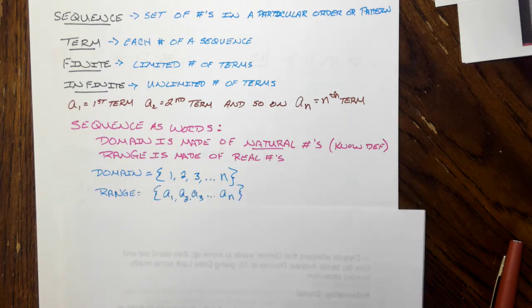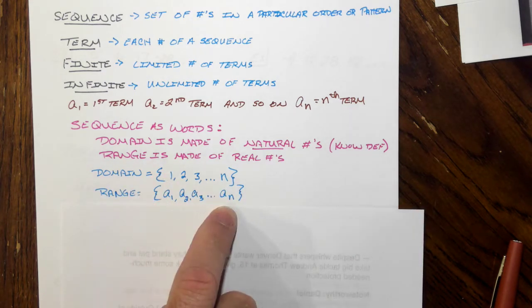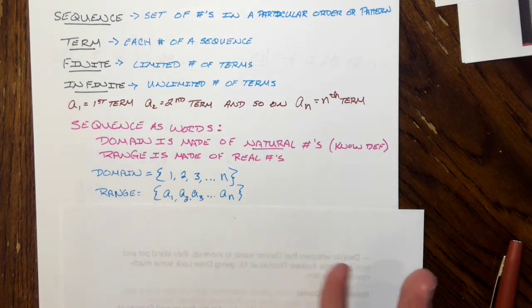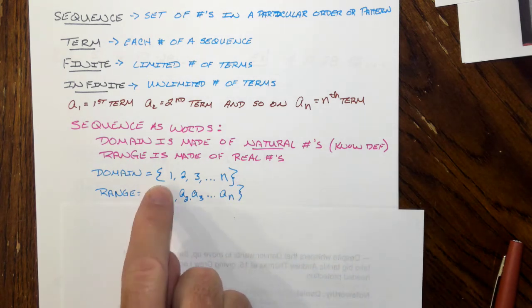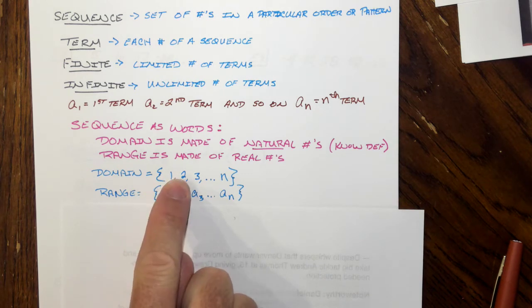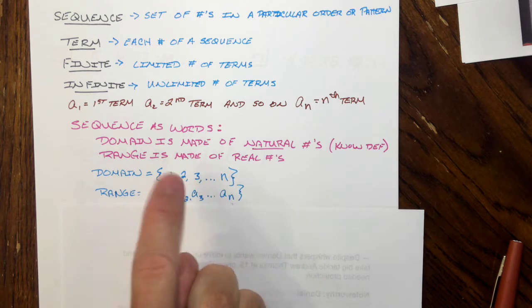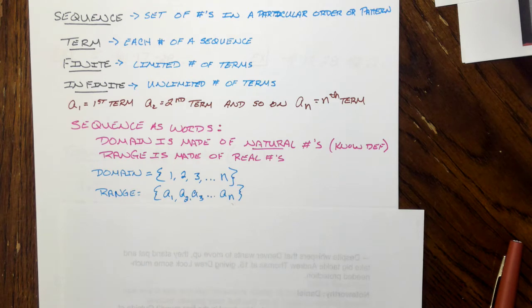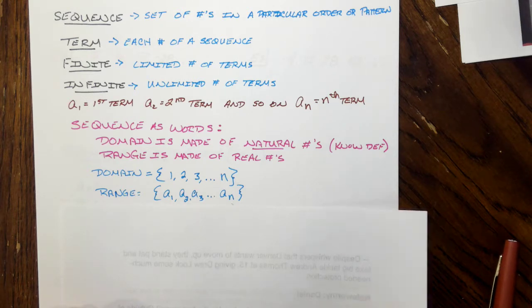Your range then will be different values of whatever's going on. It's a function, so something's going on with it. So a sub 1 matches up, a sub 2, a sub 3, a sub n, they correspond to that certain number in the list.